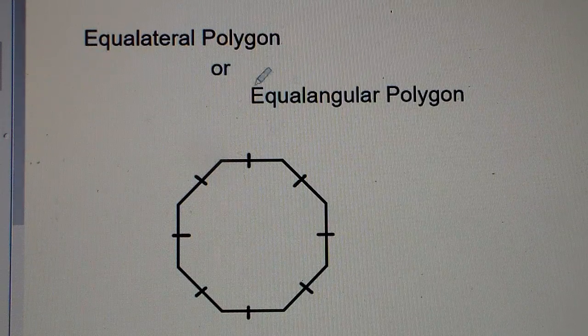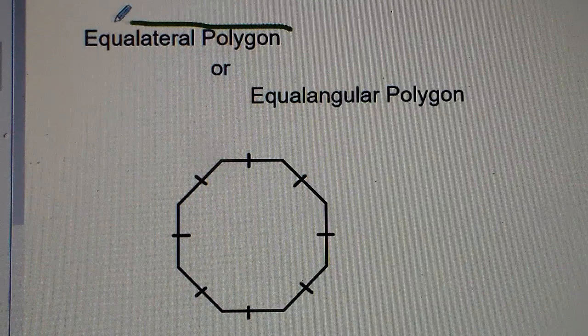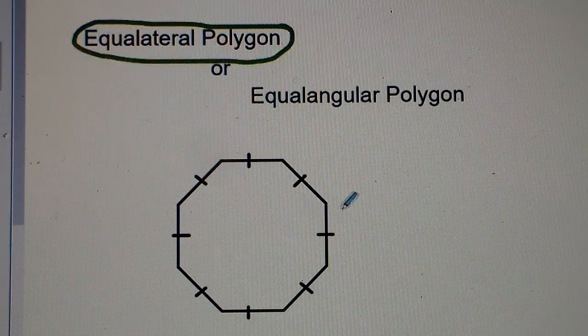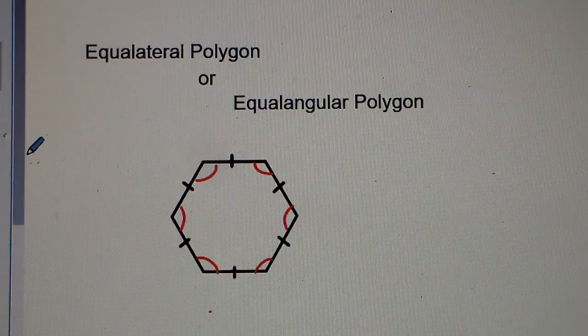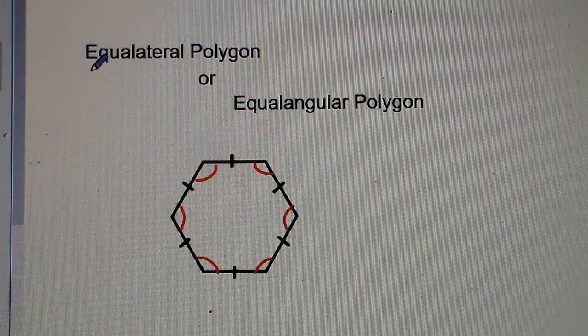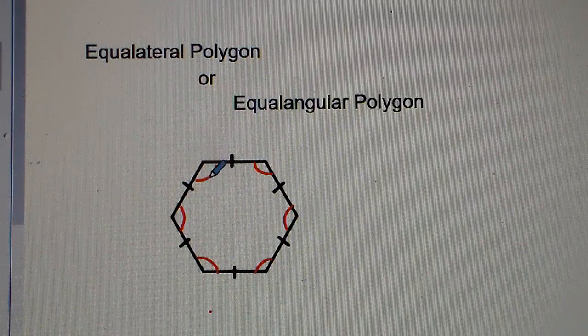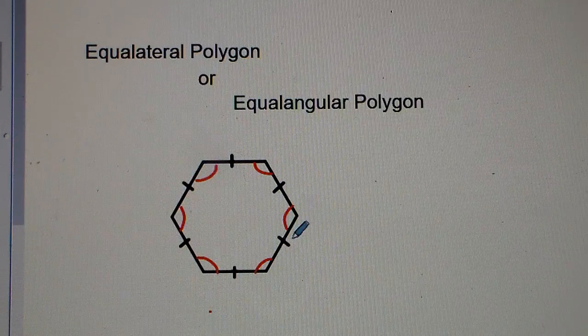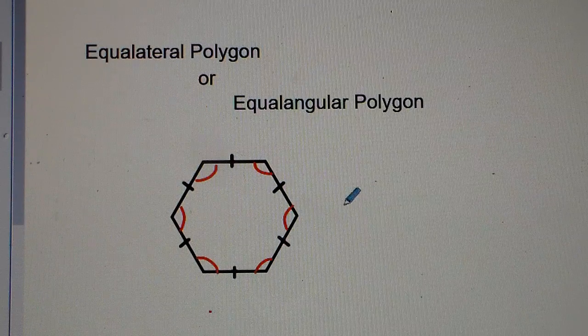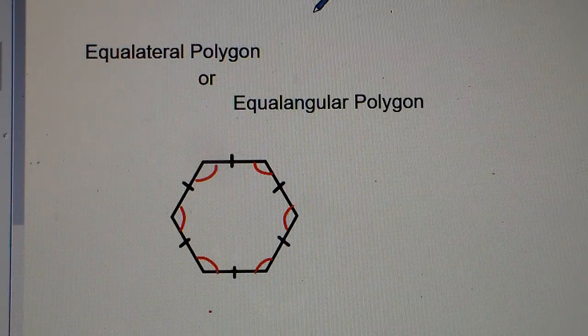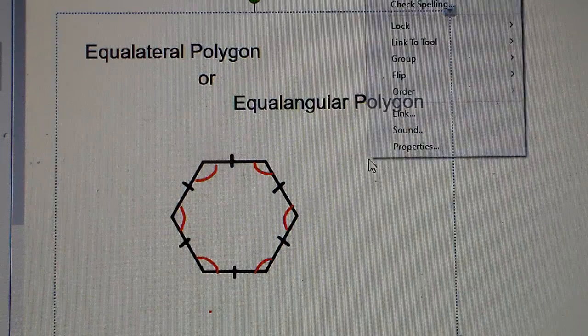So when all the sides are the same, that's an equilateral polygon in this picture. How about looking at this picture? Is it an equilateral gon or an equiangular gon? Well, you can see that all the angles are the same and all the sides are the same. Actually, I meant to get rid of all these sides.